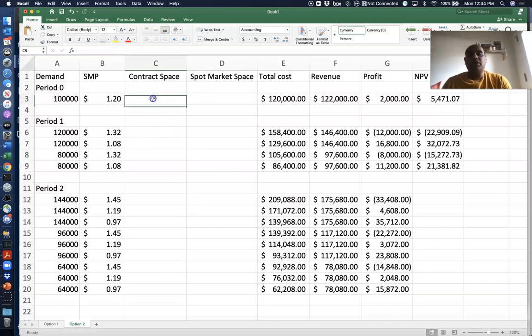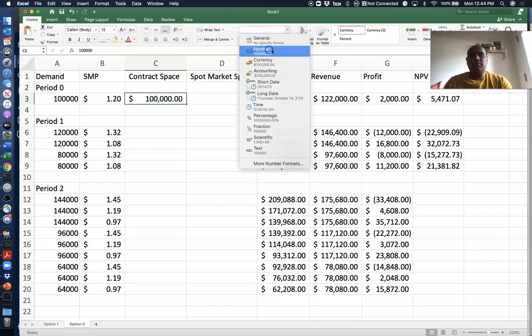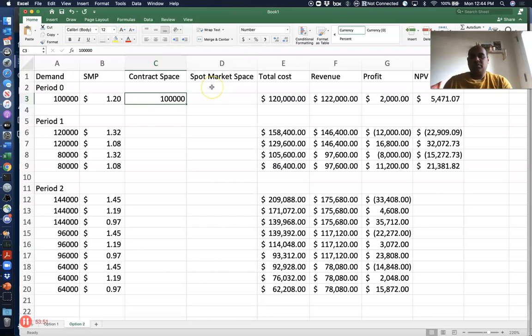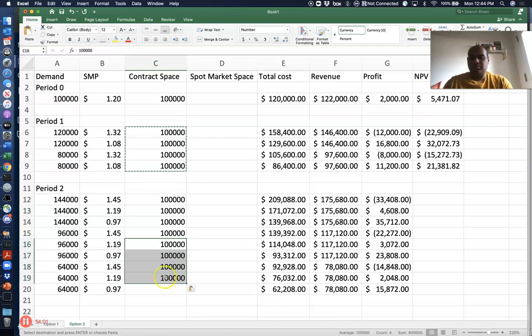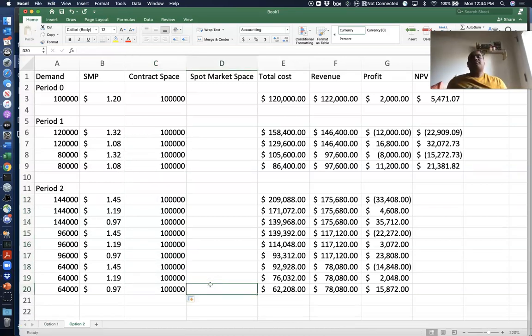So for this option, the contract space will always be 100,000. There you go.